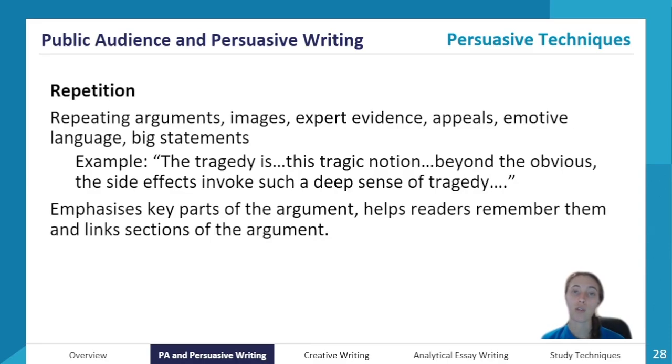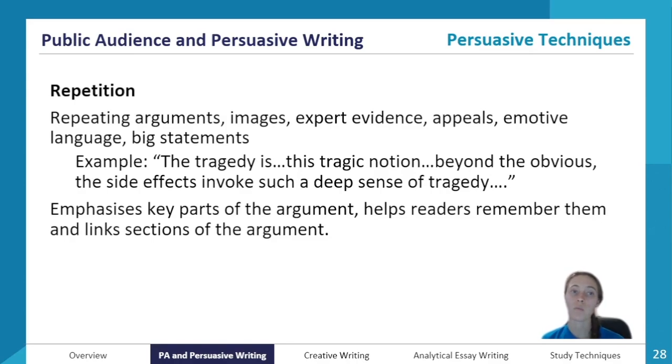So this idea of tragedy here is being repeated, and it's going to emphasize key parts of your argument. It helps the reader remember them, and it links sections of the argument together, so you've got a sense of cohesion.